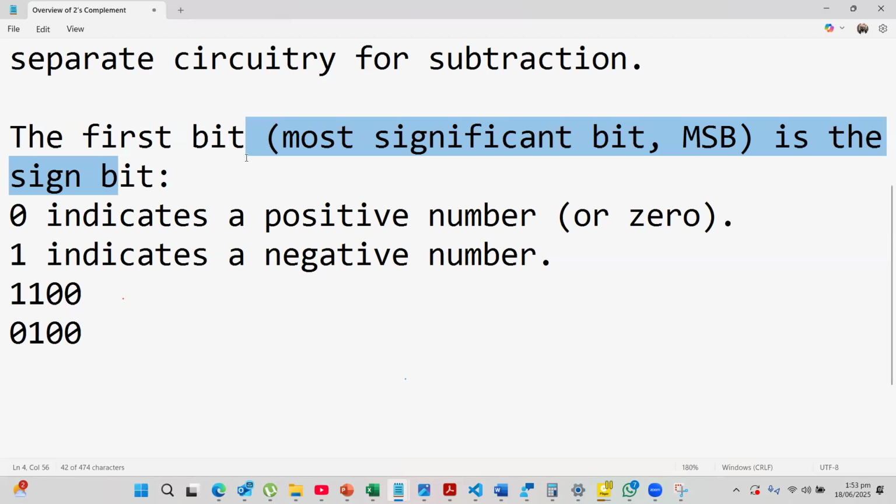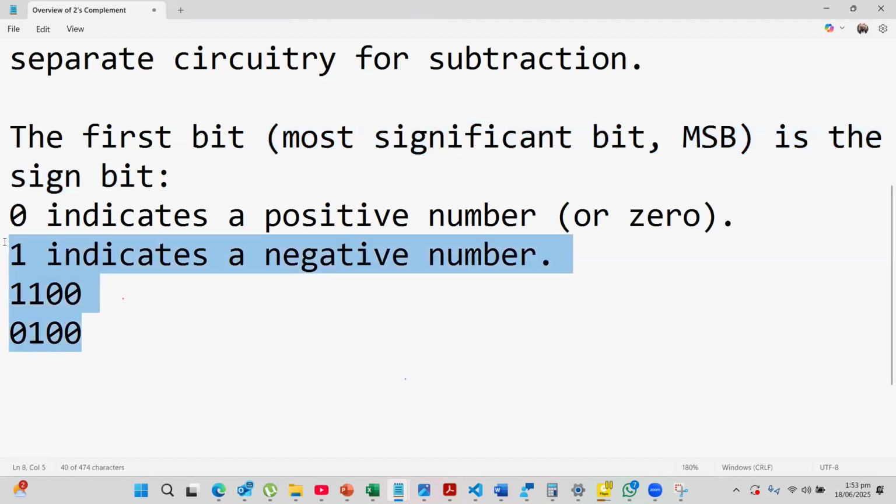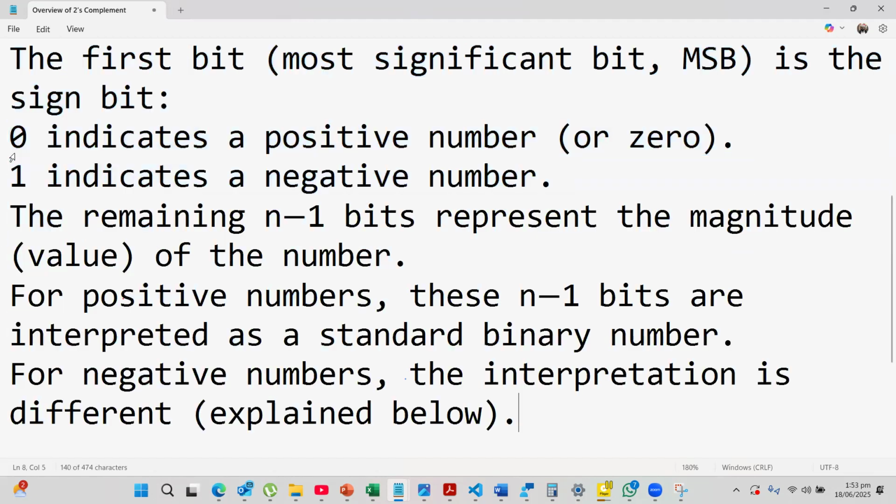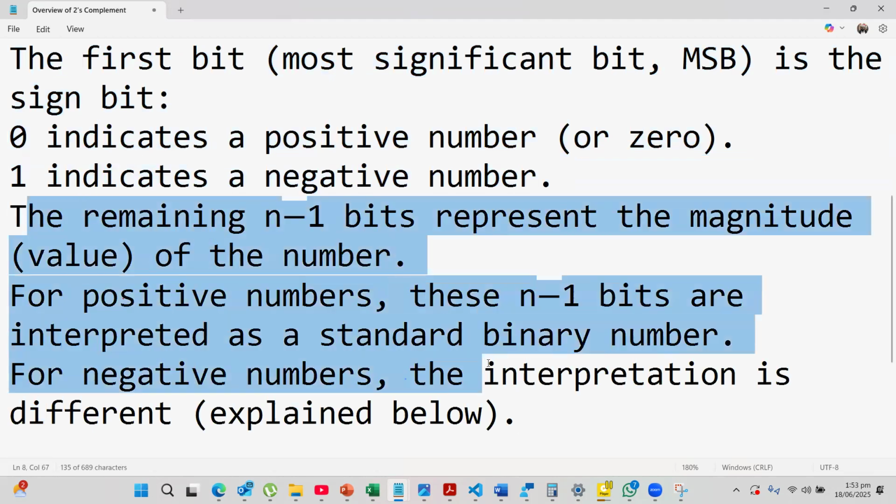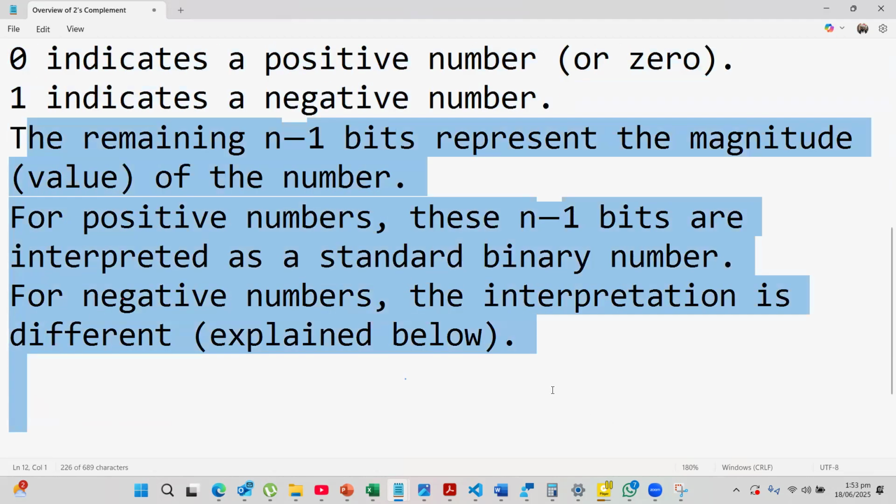If it is a 0, then that number is positive. It also means that the remaining bits represent the magnitude of the number. The remaining bits will tell you the weight of the number.